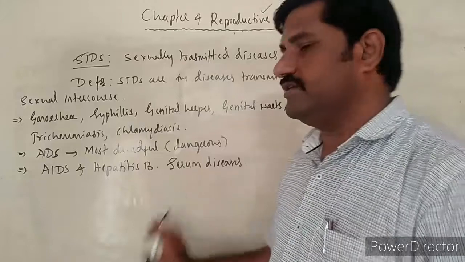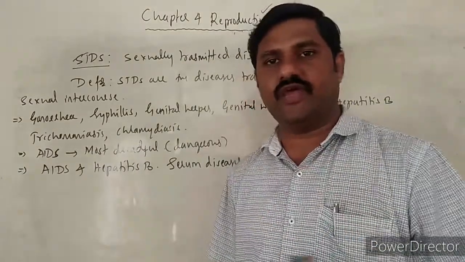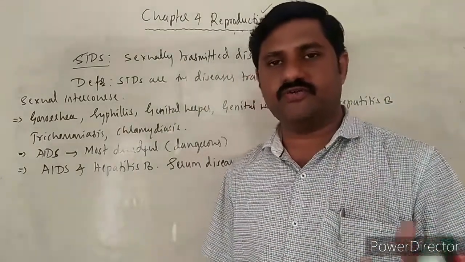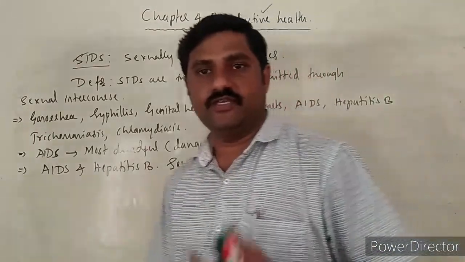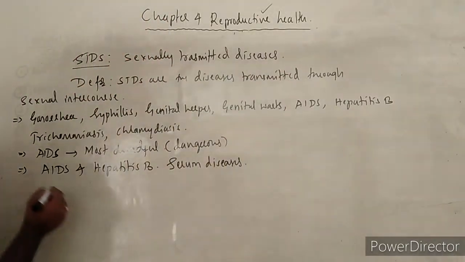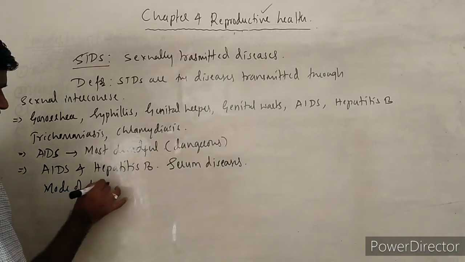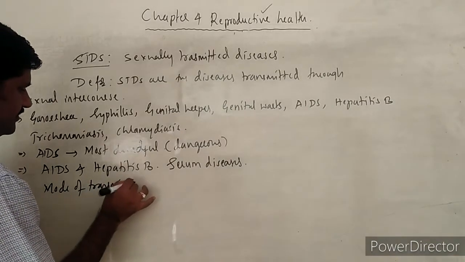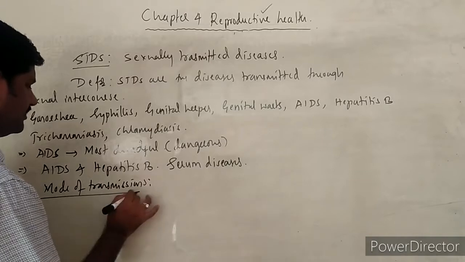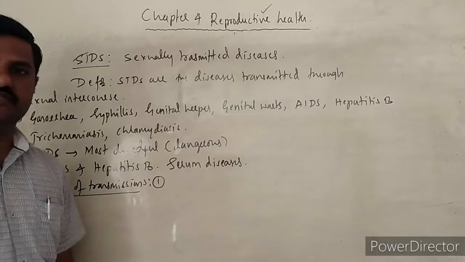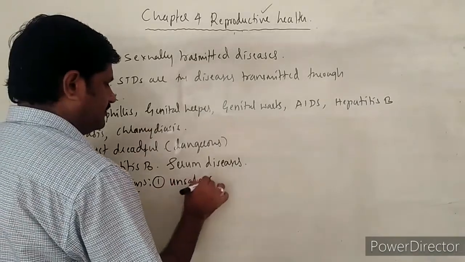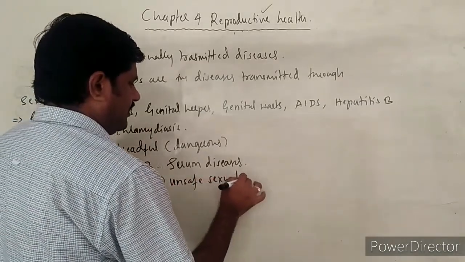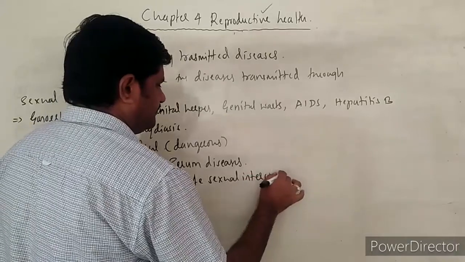So these diseases are usually transmitted from one person to another person, and the mode of transmission is of different types. Let us list out the modes of transmission of these diseases. First mode of transmission is through unsafe sexual intercourse.